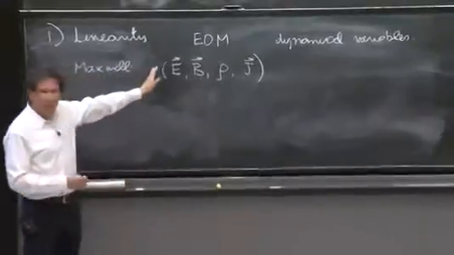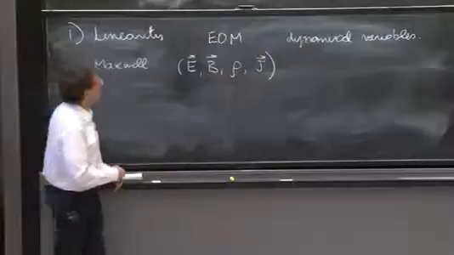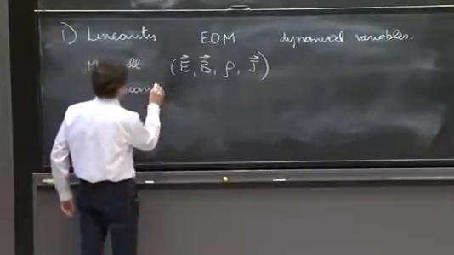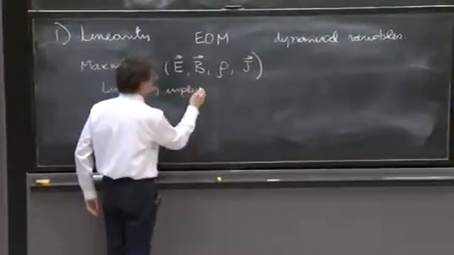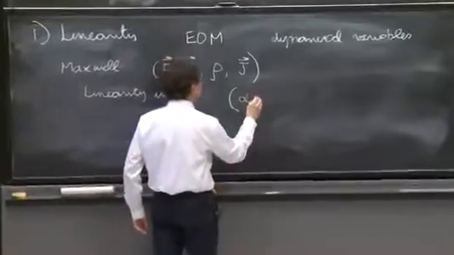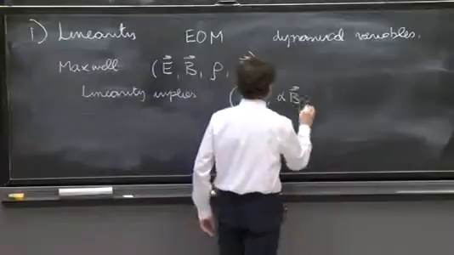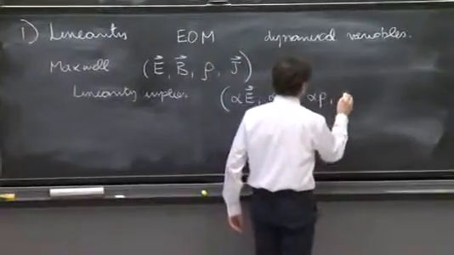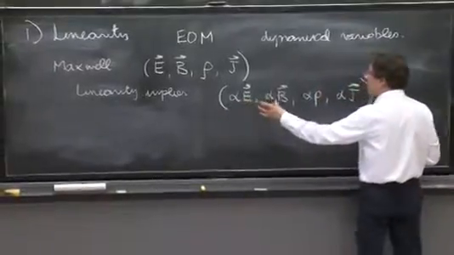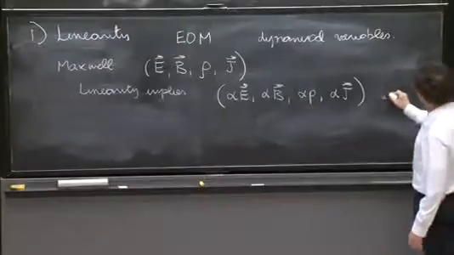So suppose this is a solution, that you've verified that it solves Maxwell's equations. Then linearity implies the following: you multiply this by alpha, alpha E, alpha B, alpha rho, and alpha J, and think of this as the new electric field, the new magnetic field, the new charge density, and the new current, is also a solution.